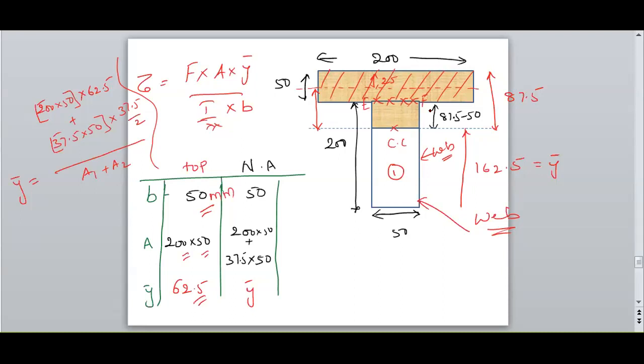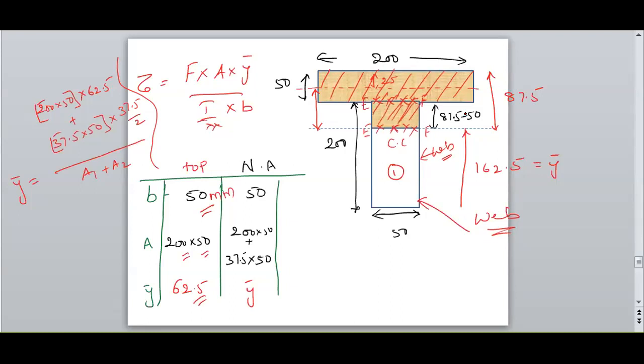Now I need to shift the EF line to the neutral axis. This is the shaded area now.